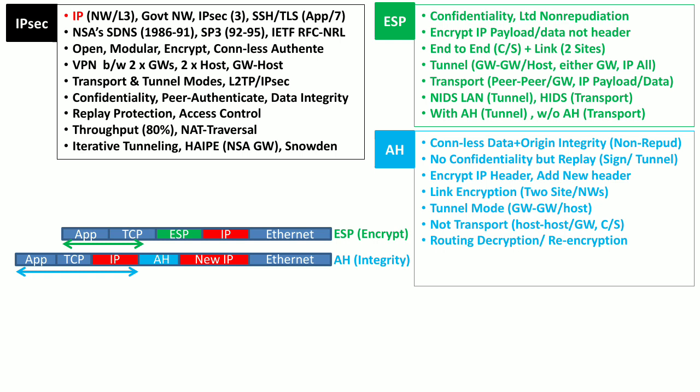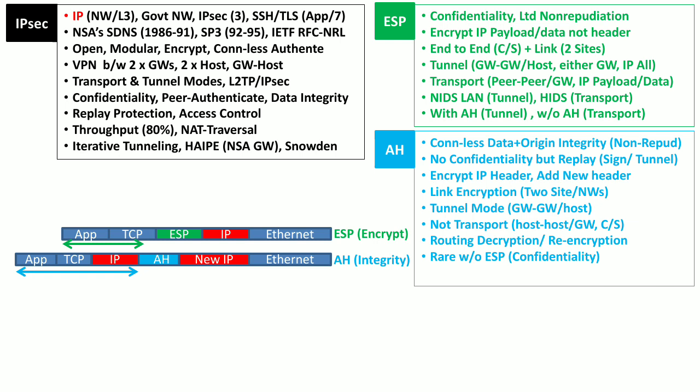So there are certain issues with authentication header, since it encrypts the IP header, therefore routing, encryption and decryption create some issues for the devices which are between the source and the destination. So it is very rare to see that the authentication header is used without ESP or encapsulating security payload.